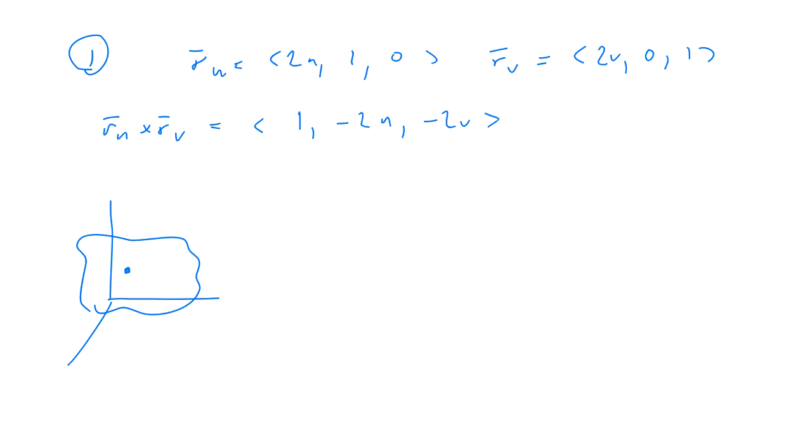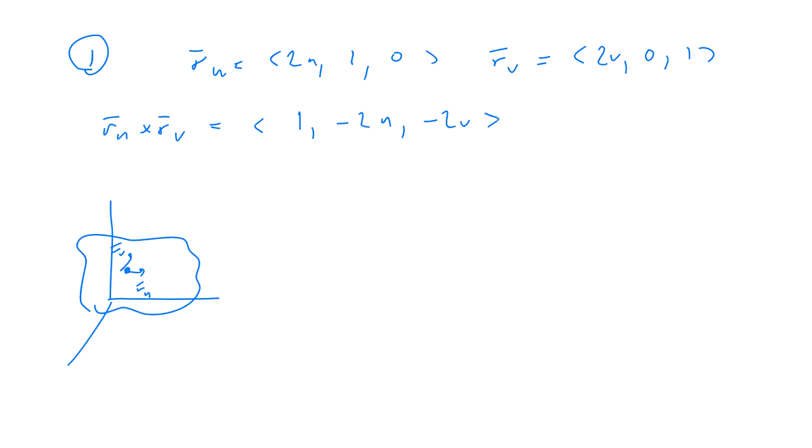So there it is. And then I'm going to get 2 vectors representing the partial derivative with respect to u and the partial derivative with respect to v, which in this case are the 2, 1, 0 and the 4, 0, 1.